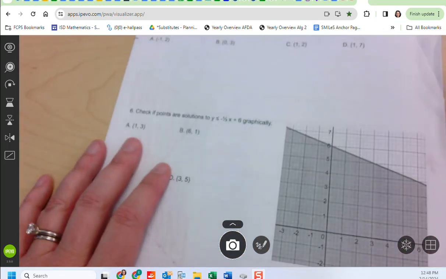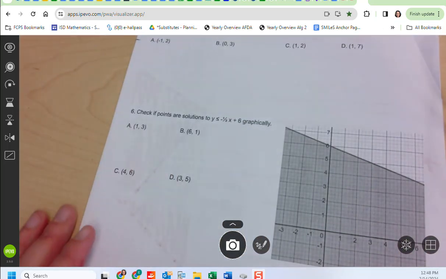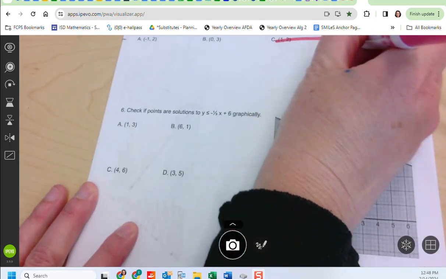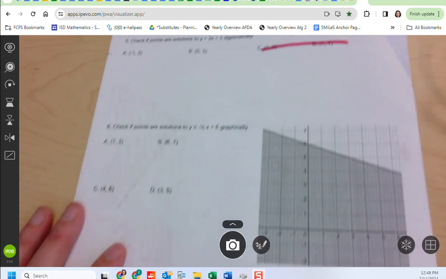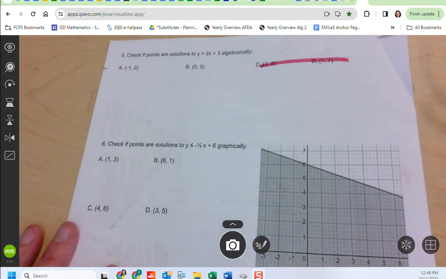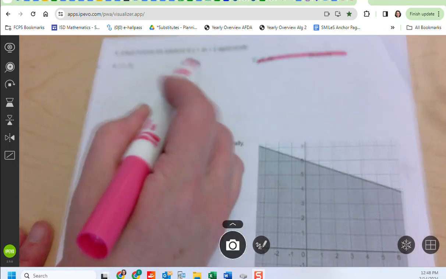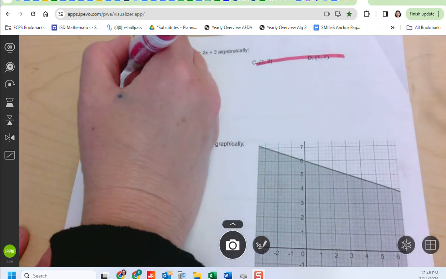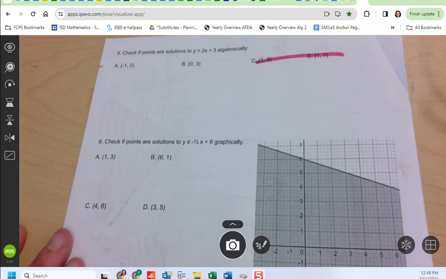All right. So there is a good point made that we do have to do a project. So what we're going to do is we're just going to check these two here. But these we can check all of them because that's really an easy process. We're going to check if these 2 points are solutions to y is greater than 2x plus 3. So do I put -1 for x or y?